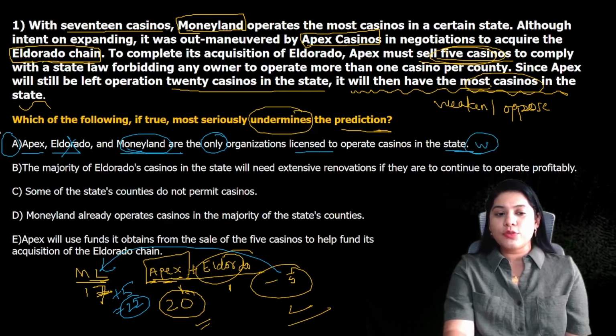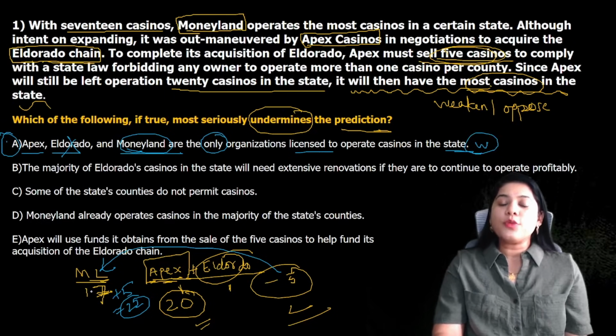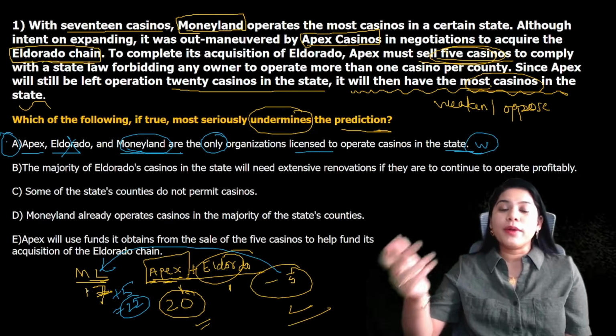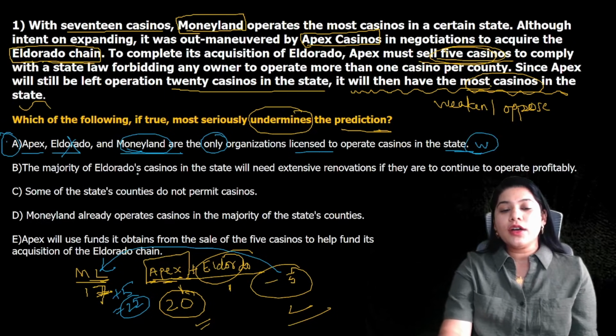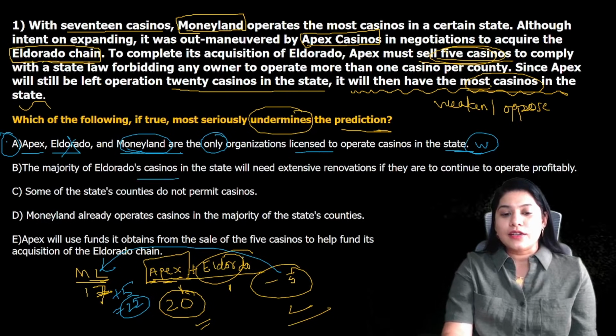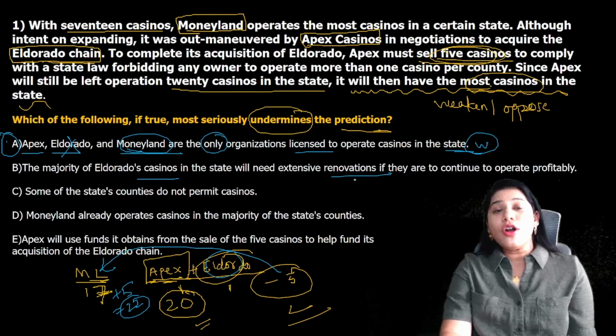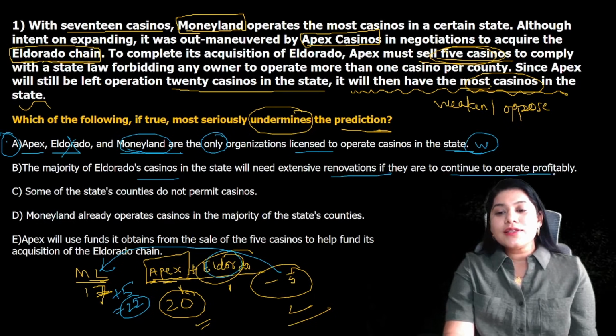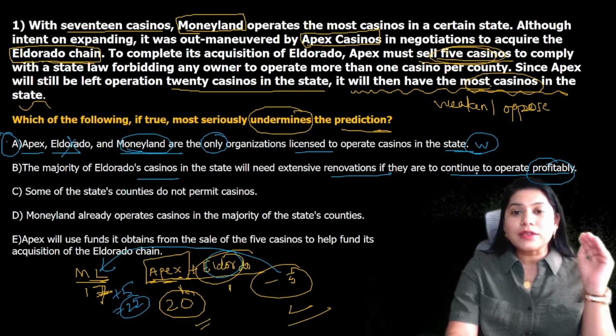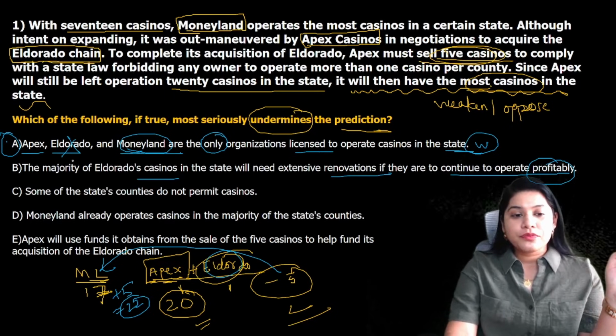So we'll keep this option for a while and then see other options if we can get a more direct or better option. Option B: the majority of Eldorado's casinos in the state. Whether these Eldorado casinos need renovation or not, whether they are old or brand new, is out of context. Who will have the maximum number of casinos is the question.